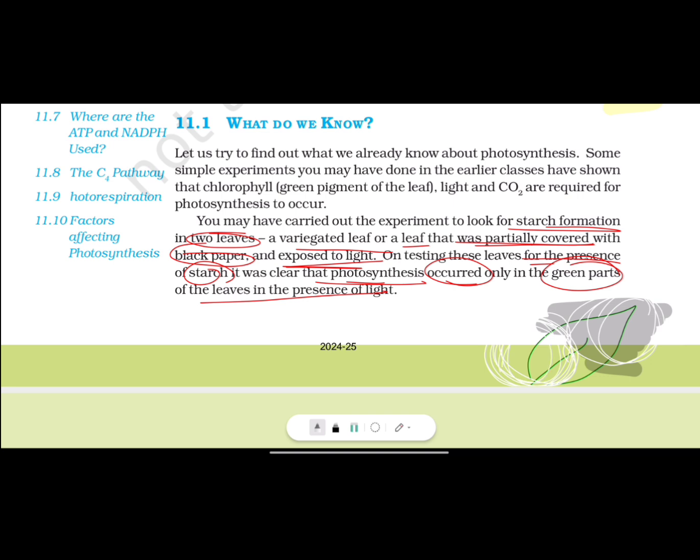So we can conclude that photosynthesis takes place in all the green parts of the leaf due to the presence of light.